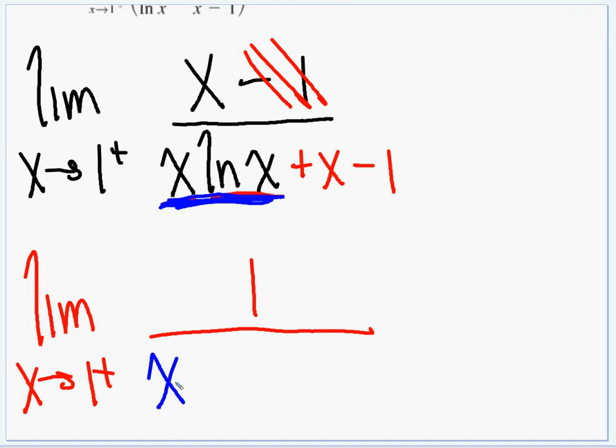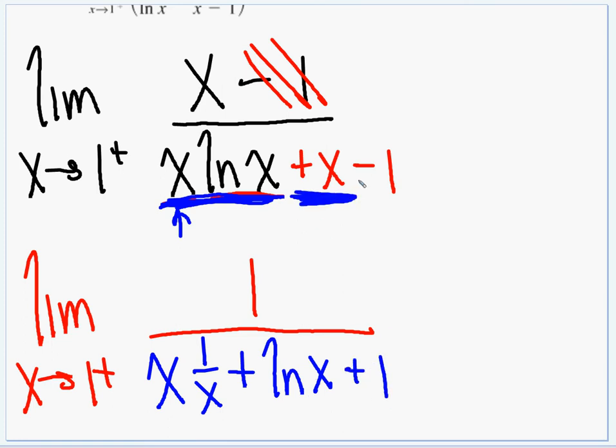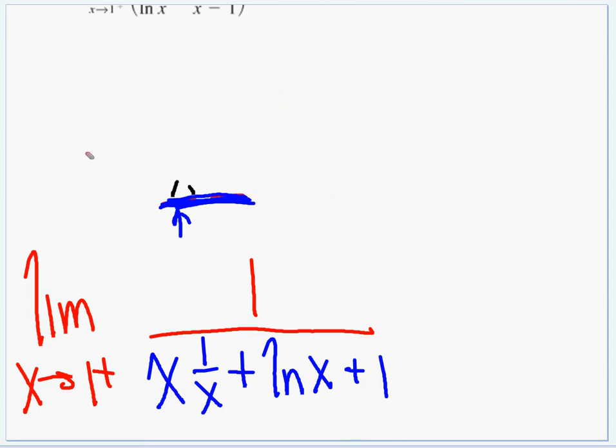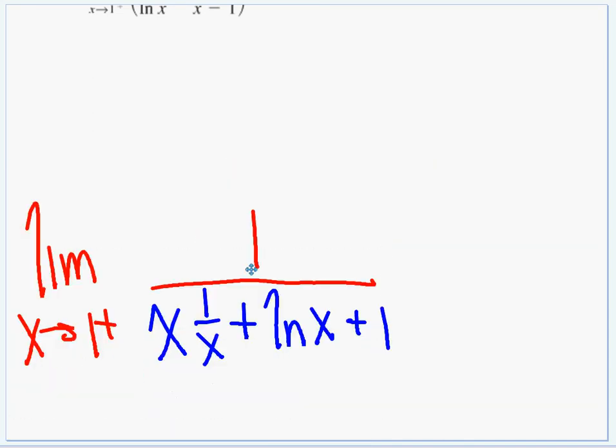So we have the first thing times the derivative of the second plus the second thing times the derivative of the first, which would be a 1, so I'm not going to write it in there. And then the derivative of this plus x will be a plus 1. And then the minus 1 derives away. So we're getting there.